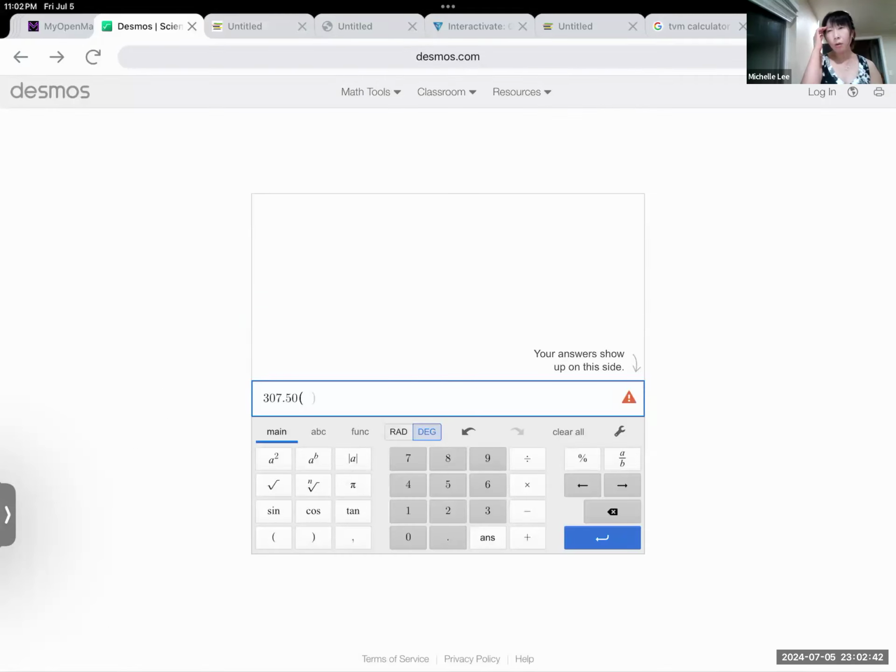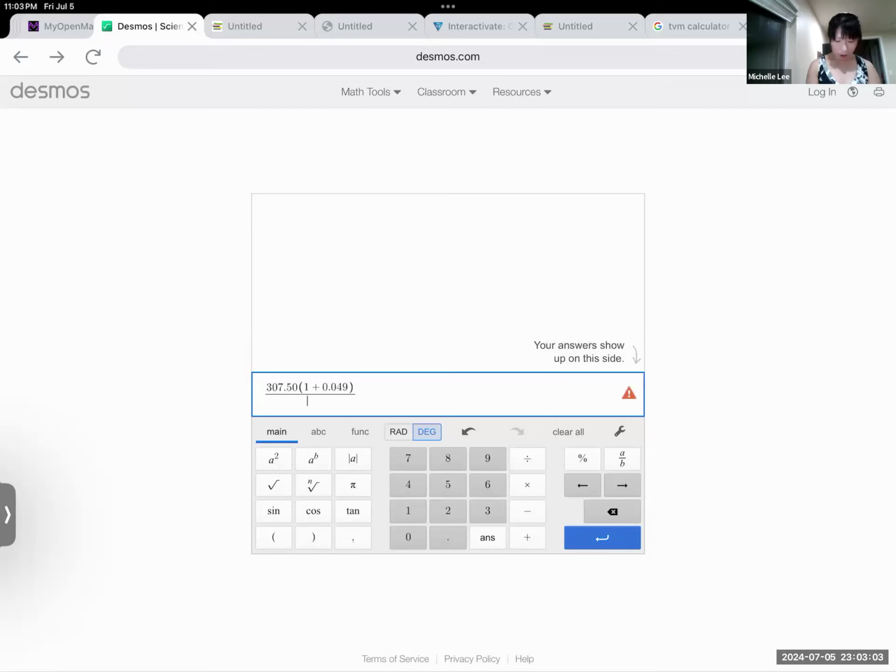Okay, 1 plus, let's do 1 plus first, and then r over m, which is 0.049 over 12.